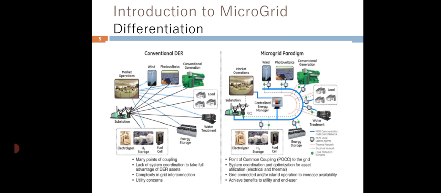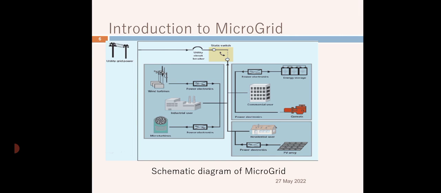Next, in the microgrid paradigm, there is a point of common coupling to the grid, system coordination and optimization for asset utilization, and grid-connected and/or island operation to increase availability and achieve benefits to the utility and end users.